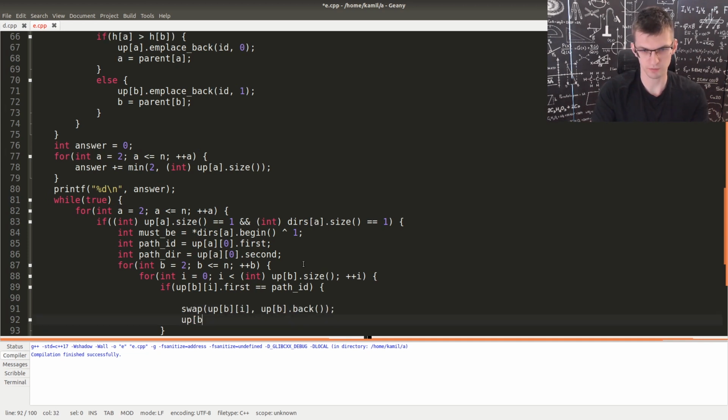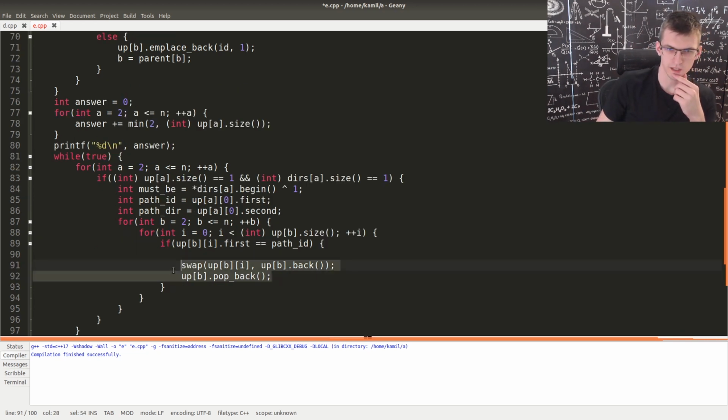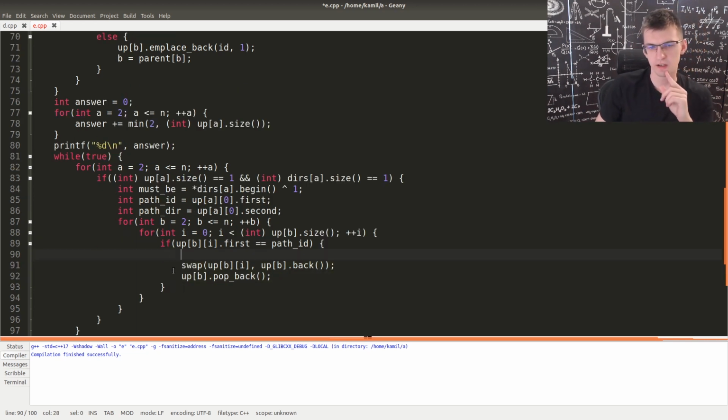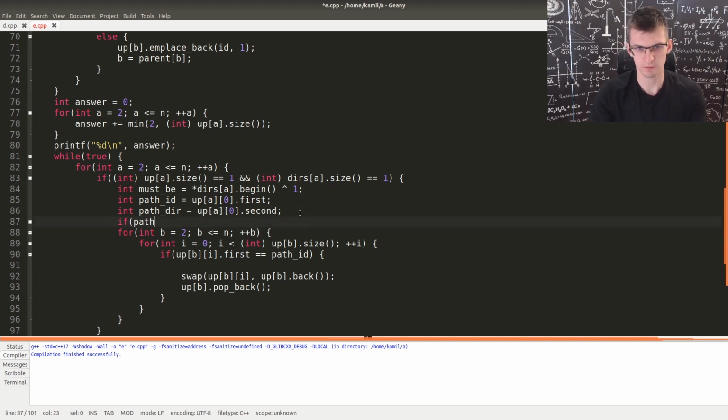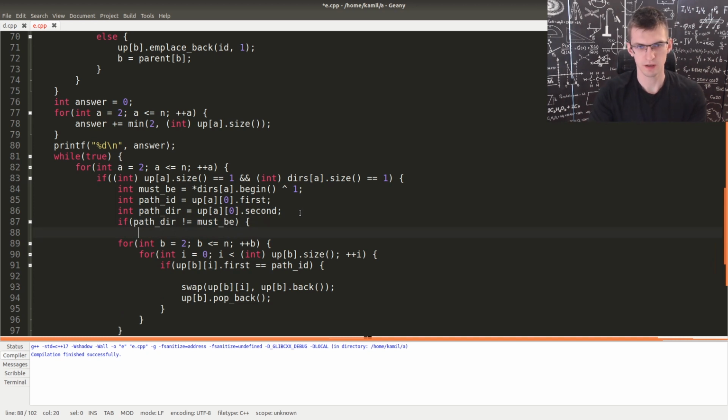Then up of B dot popback. In constant time we can remove from a vector. The order will be a bit messed up, but this doesn't matter. Path dir is different than must be. And then swap.